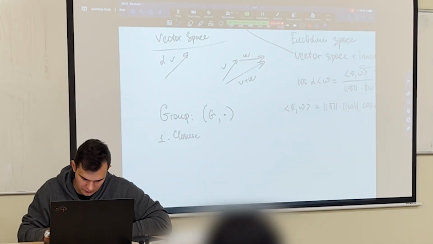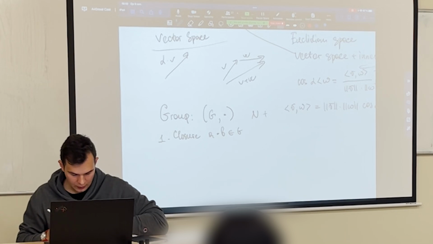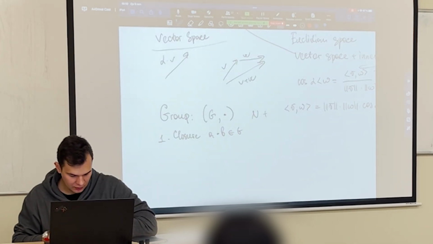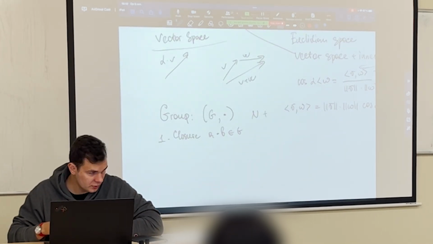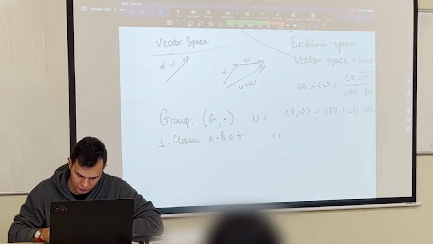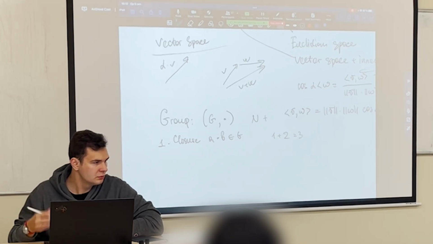It means that you have an element, you do an operation with another element, and the result belongs to the set. For the natural numbers, it holds. For example, 1 plus 2 equals 3. Okay.